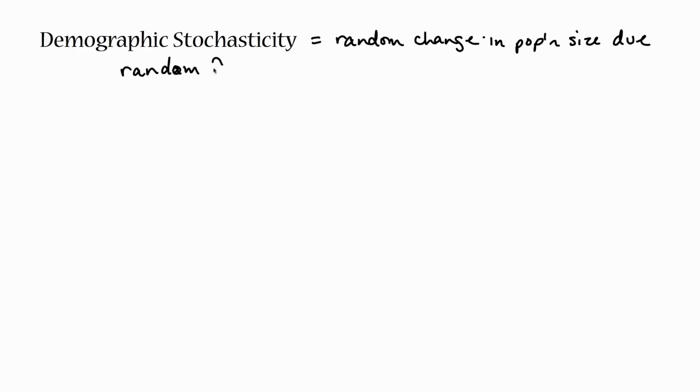Demographic stochasticity is the random change in population size due to random fluctuations in birth or death rate, or rather, random fluctuations in demographic parameters.